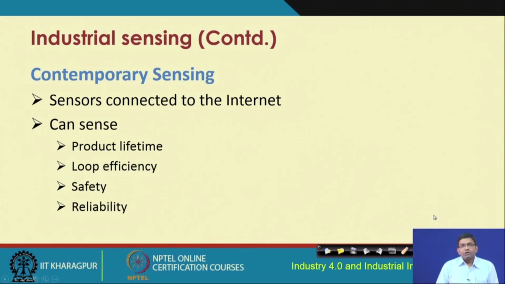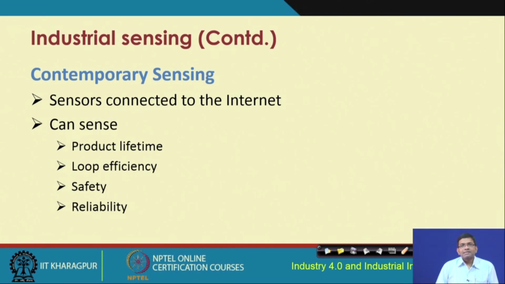So, in contrast to the conventional sensors, the contemporary, recent ones can be connected to the internet. So, it is possible to connect these sensors to have industrial internet or industrial IoT applications.